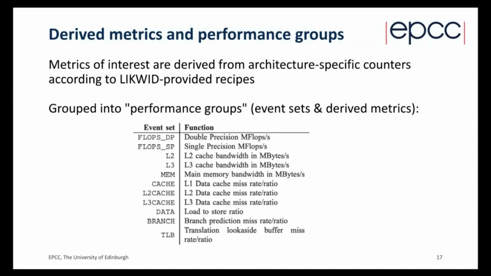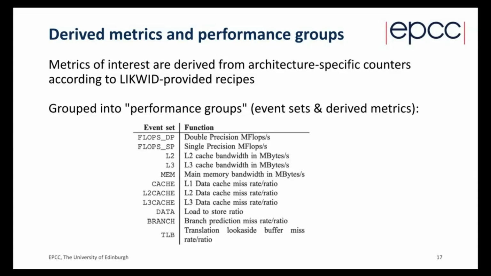And what's nice about LIKWID is that it provides ready-made recipes, so-called event sets and derived metrics, which are gathered together in performance groups, one performance group for each type of event set for each architecture, that combine the basic elementary counters for that architecture to give you the relevant metric of interest as a convenient output.